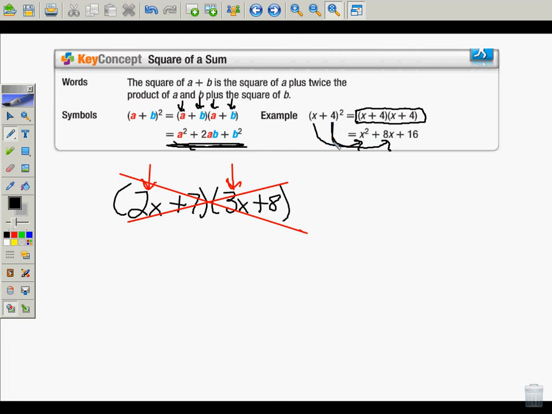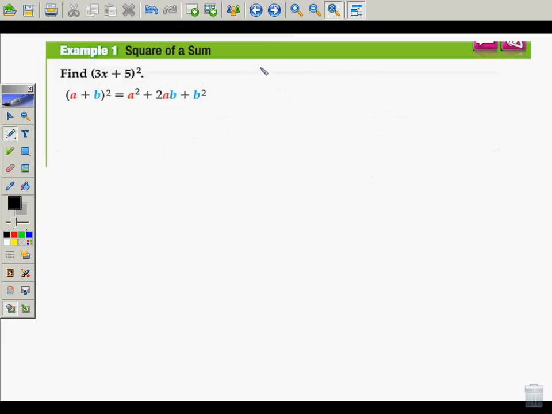This is just a shortcut, don't have to use it. If you would FOIL this out, you would get the exact same thing. So let's go ahead and look at an example. I've got 3x plus 5 squared. Notice, I've got addition, that's the first requirement, and it's being raised to the second power. That's my second requirement. So now I can use this shortcut.